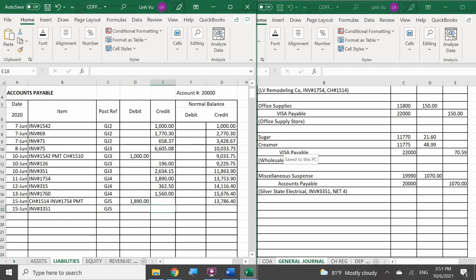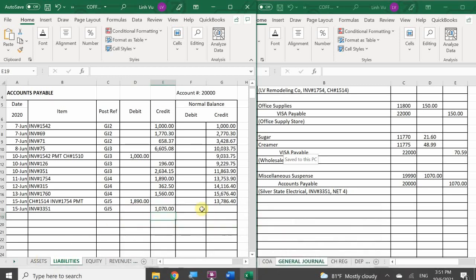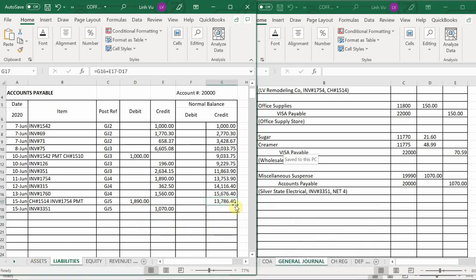So we have a credit of 1070. 76.40 plus 70. So it's 856.4. Good. Excellent.